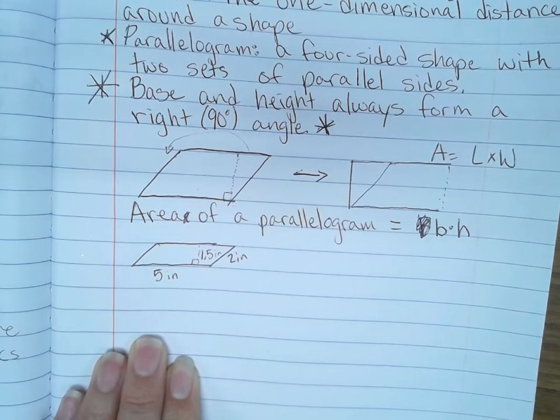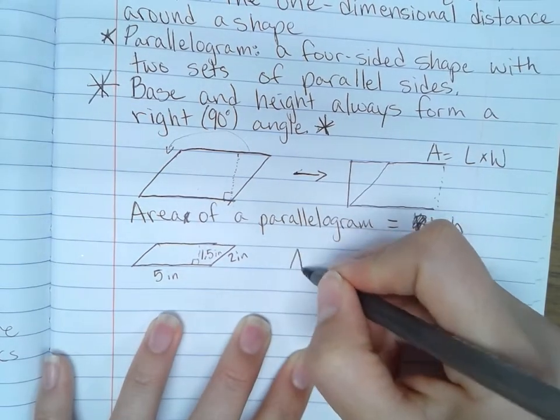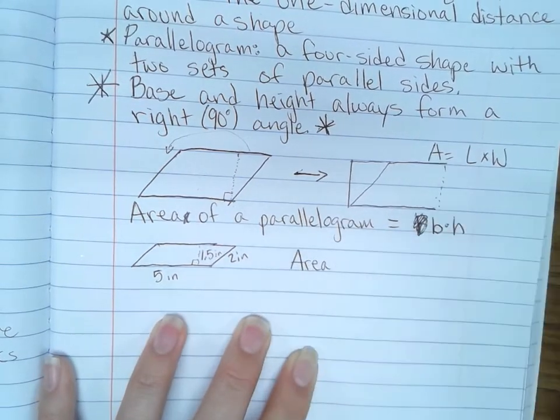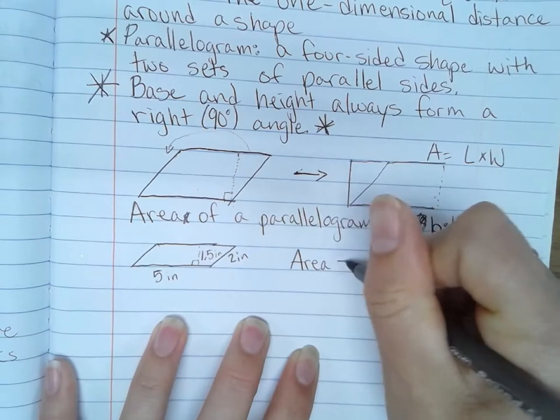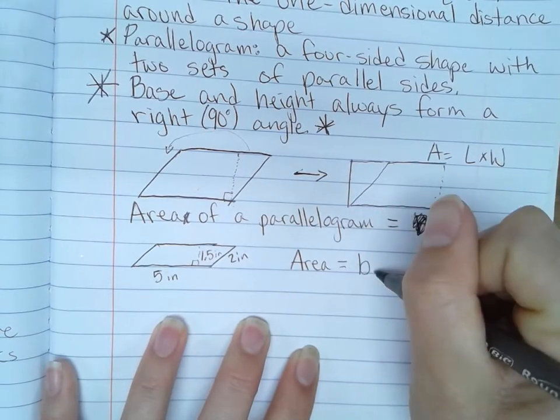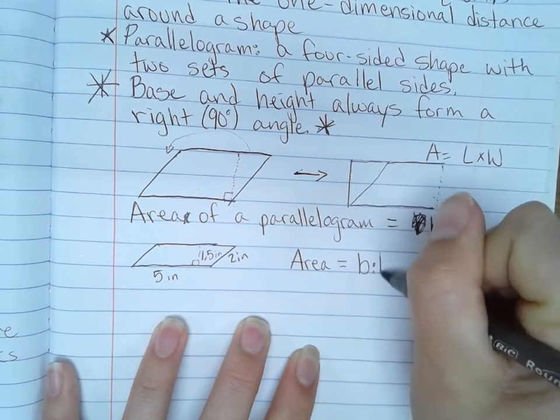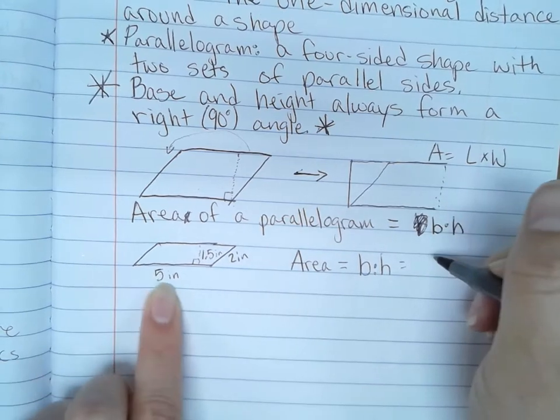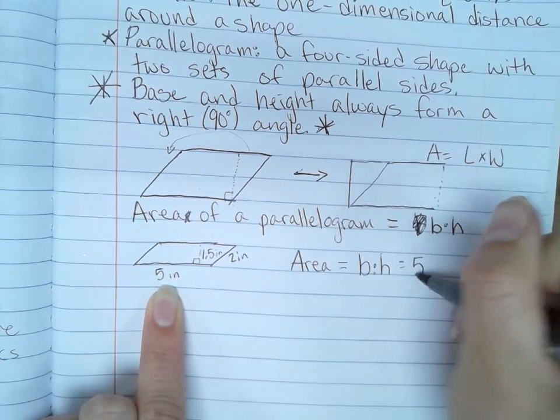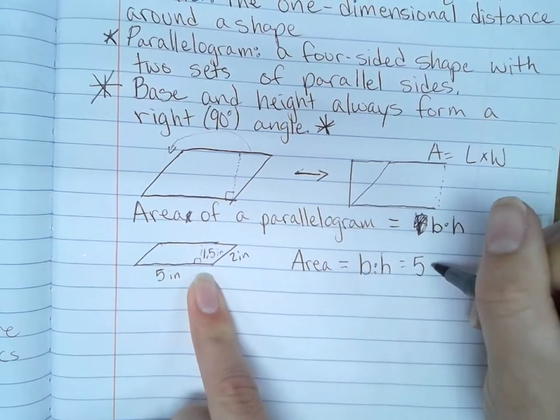Okay, now if that's the case and I want to find the area, I'm only interested in the two that make a right angle. So I'm going to take the base times the height, which in this case would be 5, and 5 makes a right angle with 1.5.